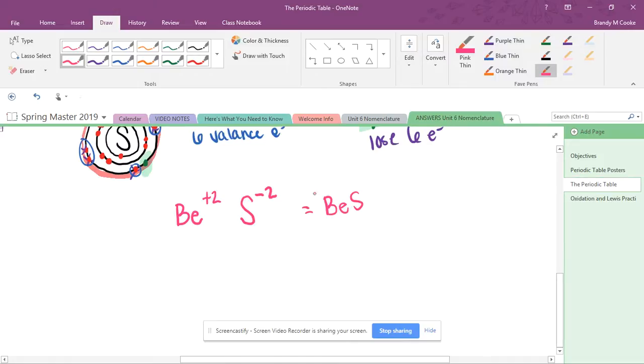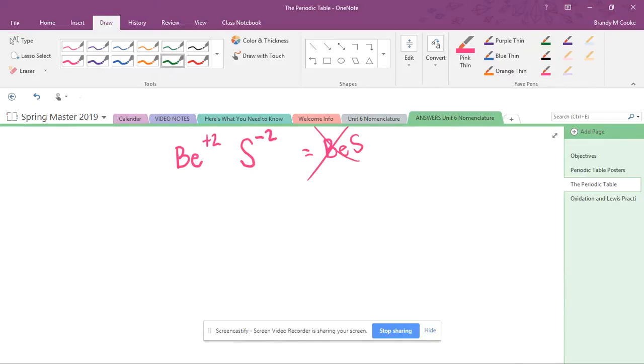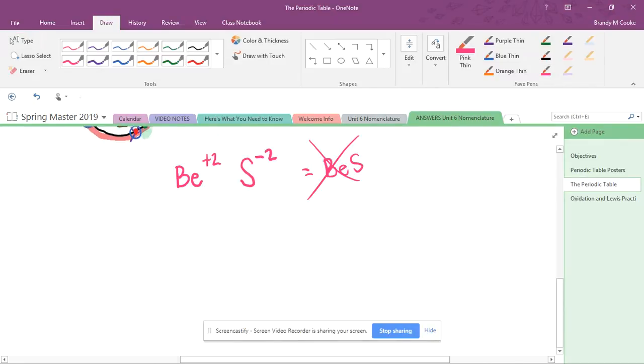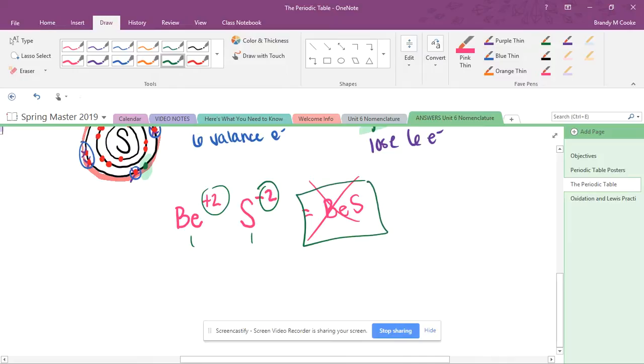Now, you don't need to worry about this part right now. I'm just talking about the charges and how they cancel out. Being able to visualize those valence electrons is a really great tool to have. And I can do it in my head, but looking at this, you might not know where that came from. So we use something called a Lewis dot structure, which is what we're going to talk about in the next video to help make this relationship and how these go together a little bit more clear.